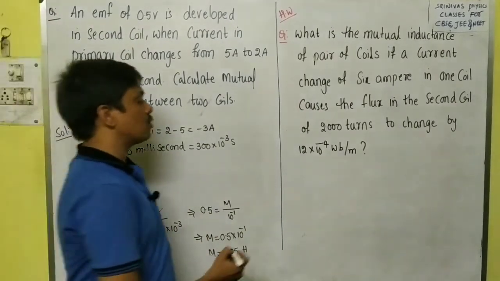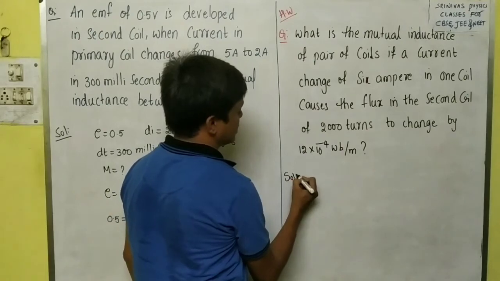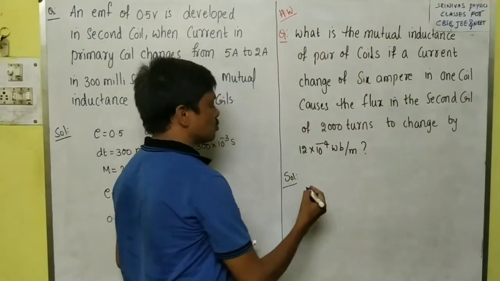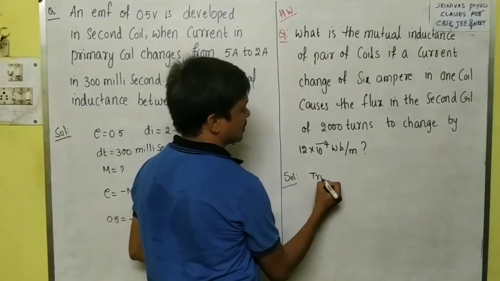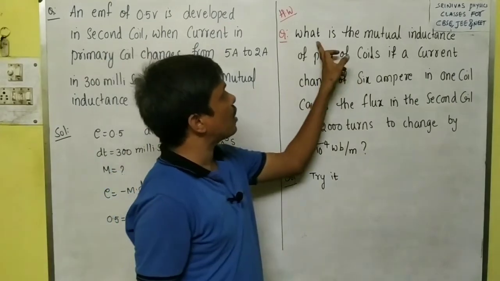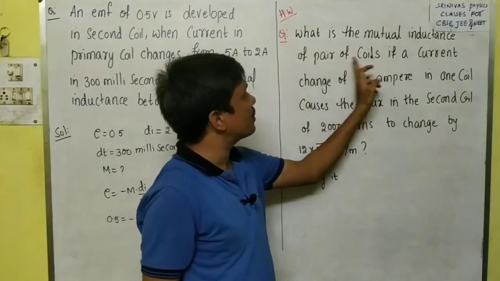And I am giving one homework problem for you. Write its answer in the comment box and try the solution. Try it yourself. Read what they gave in the question: what is the mutual inductance of a pair of coils?